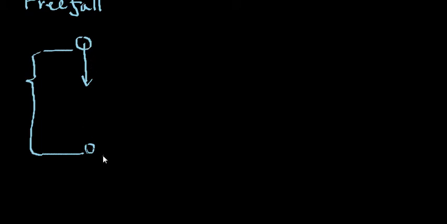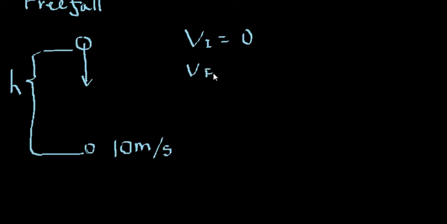So how far did it travel? Watch the height of the, whatever, the plane or something. Alright, so let's see. In this case, initial velocity is 0. Final velocity is 10 meters per second. Acceleration is negative 9.8.